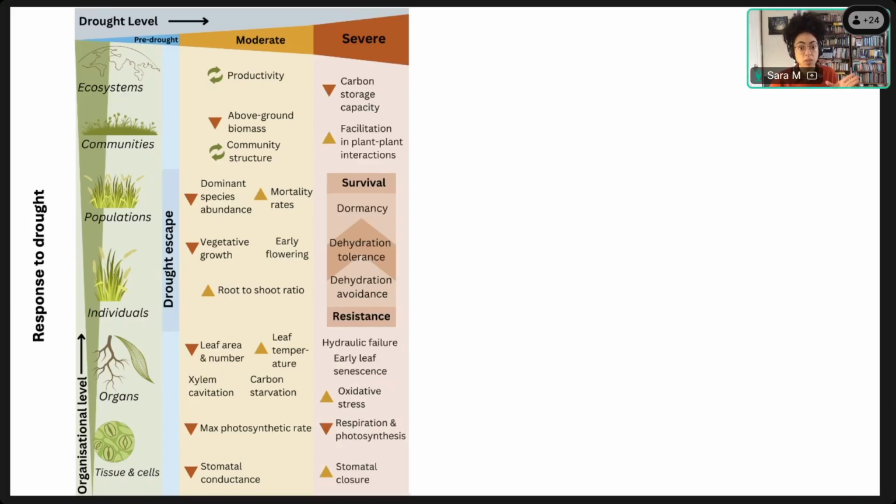And if we go really severe, then the impacts can lead to a decrease in carbon storage capacity if you're thinking ecosystem level responses. If we're thinking individual level, you can get dehydration tolerance or dormancy.